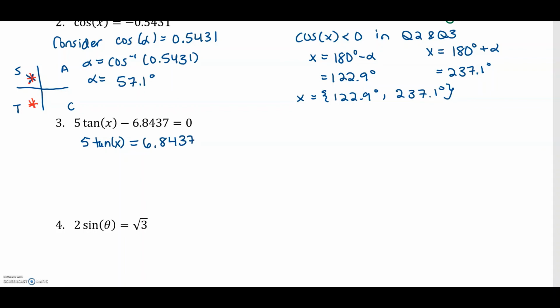Then we divide both sides of the equation by 5. And we find that tan of x is equal to 6.8437 divided by 5, and x is equal to tan inverse of the same.